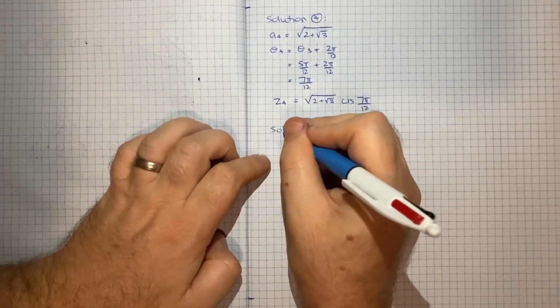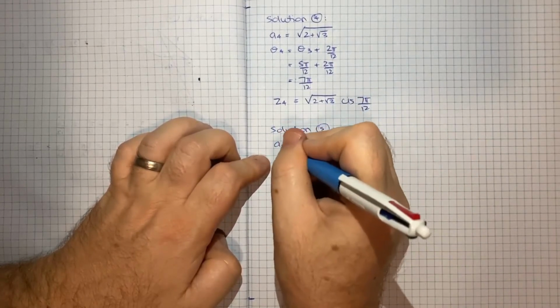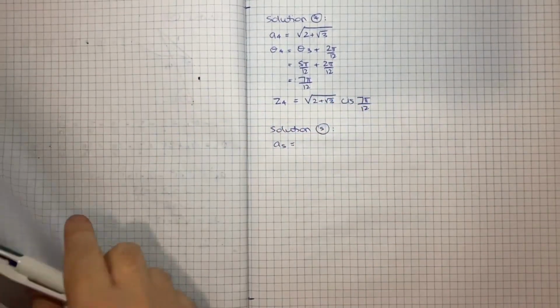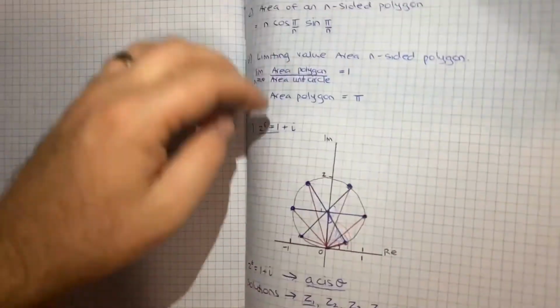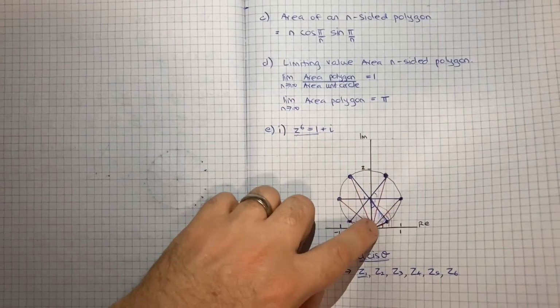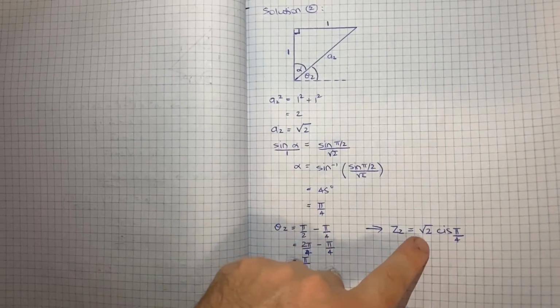Solution 5. A5 is equal to... This line here will be the same length as that one, so that's solution 2. Solution 2 is root 2.